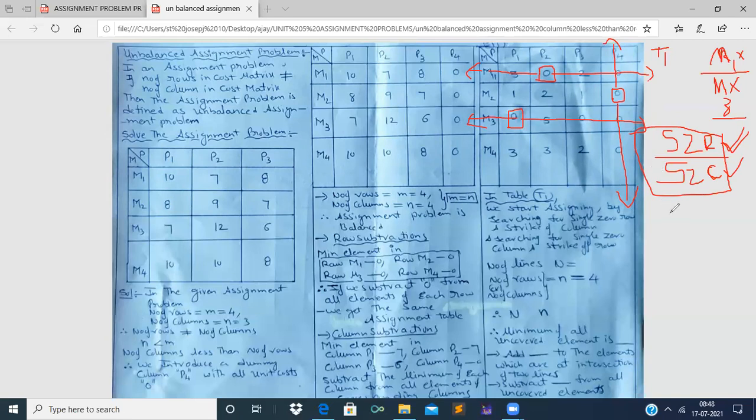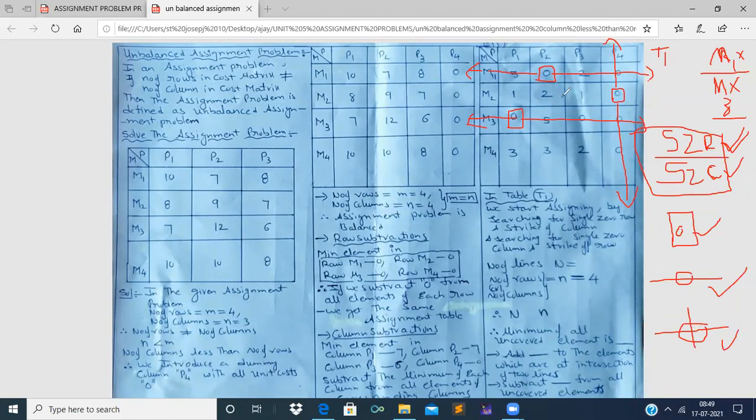See here, all the zeros are either in a box, or they are underlined, or they are at the intersection part of two lines. So three kinds of zeros we find here: one, zero in a box; second, zero underlined; and third, zero at the intersection point of two lines.